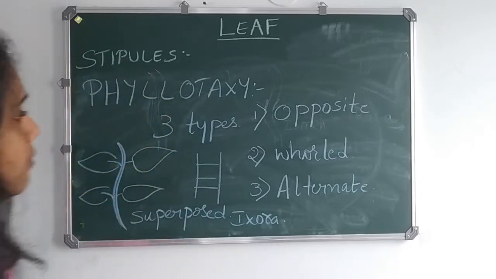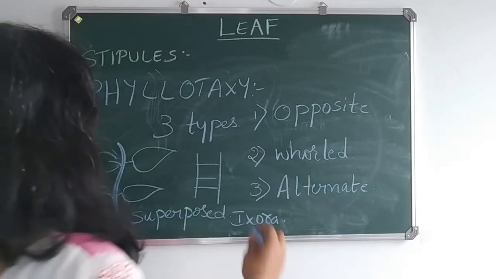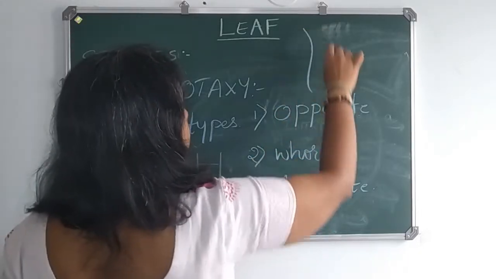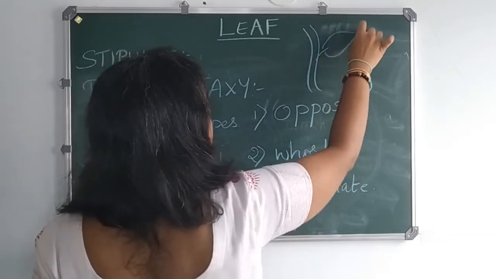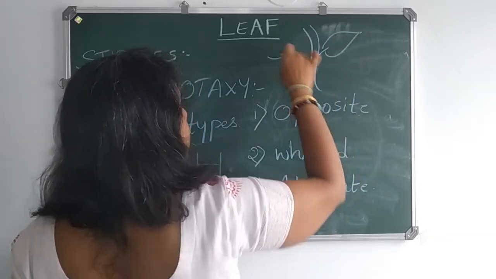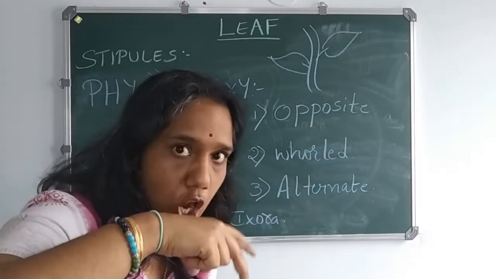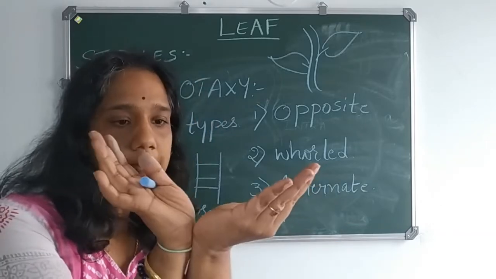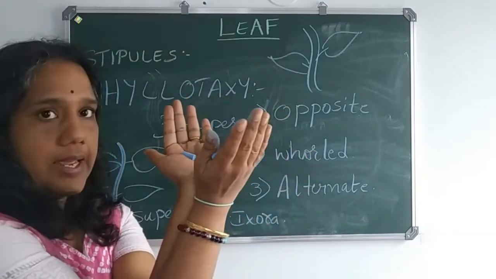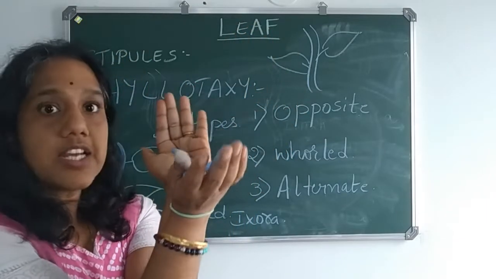Then we have one more type in the opposites itself. It is called opposite decussate. What happens in opposite decussate is, suppose this is a stem, one leaf will be here, another will be in the opposite direction. When you look from the top of the plant, you will see one pair like this, another pair like this. So one pair in one direction, another pair in another direction.